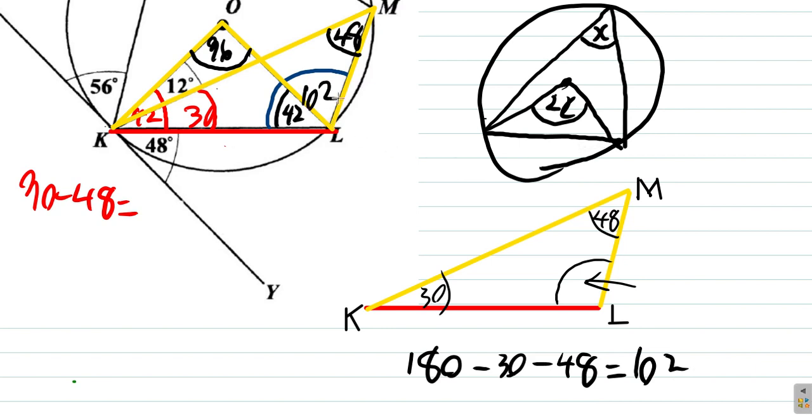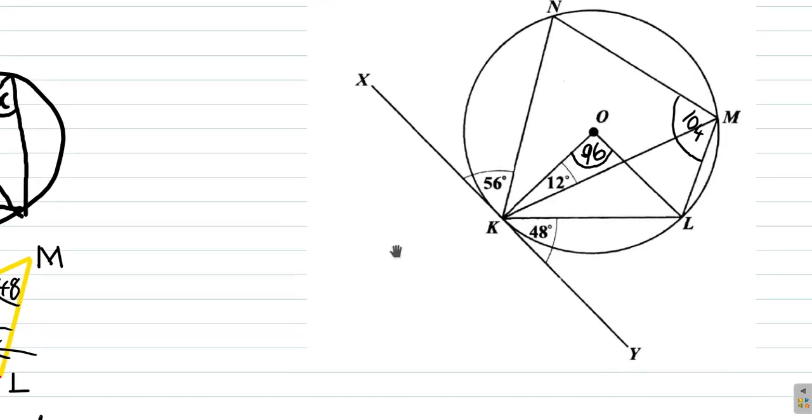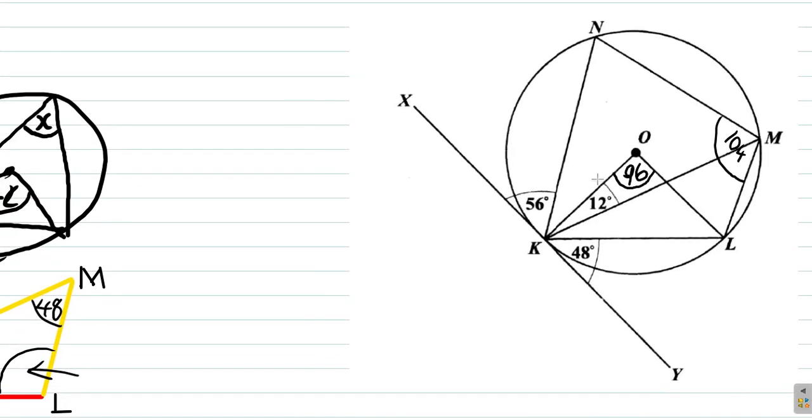So it's 102 degrees. Alright? So you see that? So let me just erase this 42 so as not to confuse the situation. And let's put the 102 out here, just in case we need it again. So this is 102 degrees.